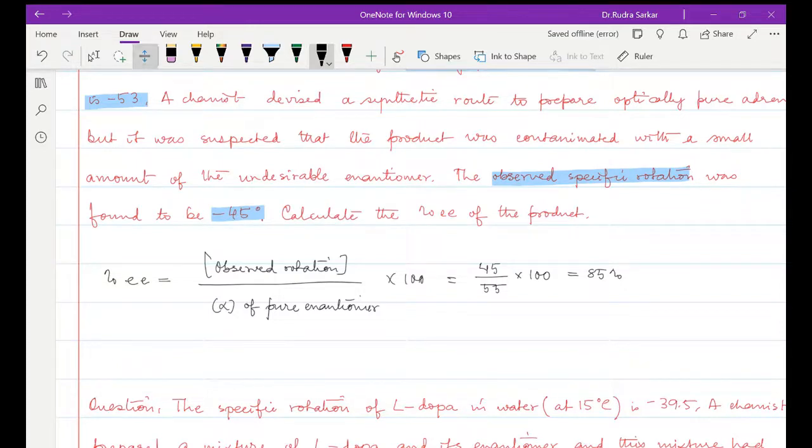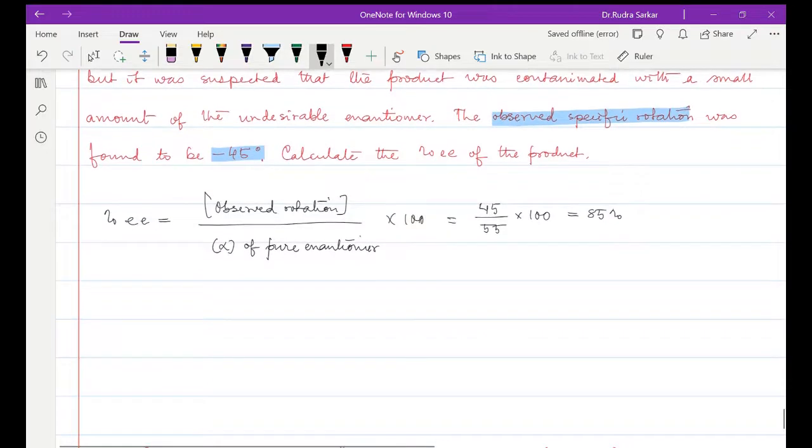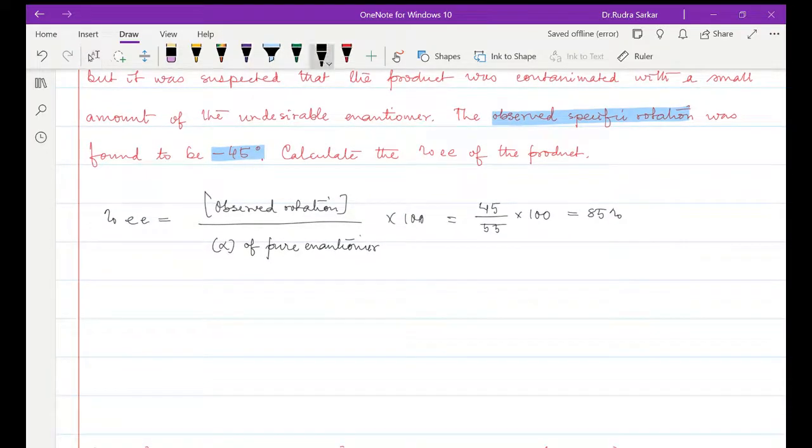So out here, this is indicating what? This is indicating that 85% EE of adrenaline is pure enantiomer, and 15% is the racemic mixture.